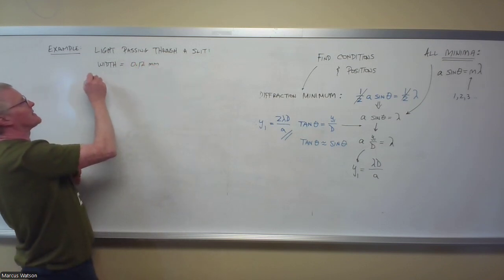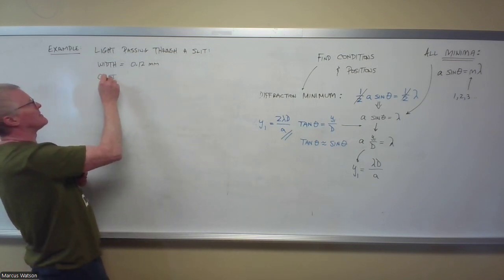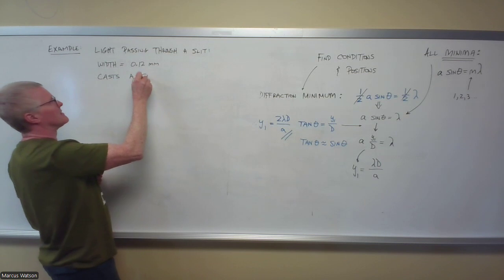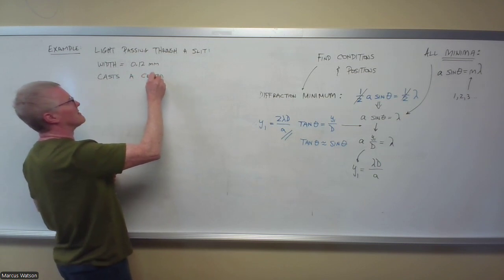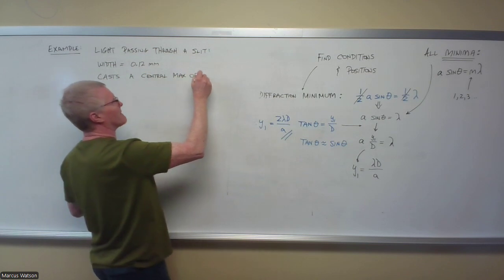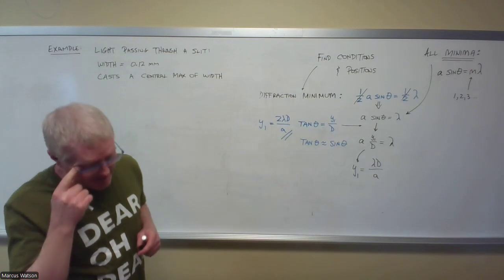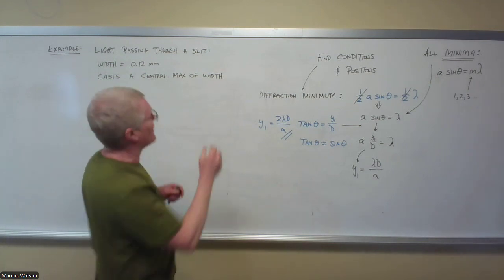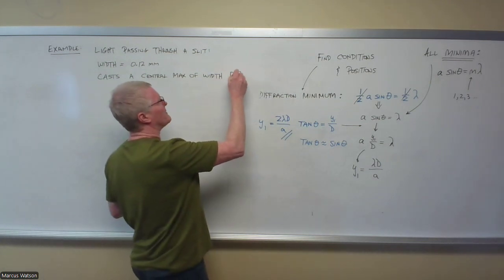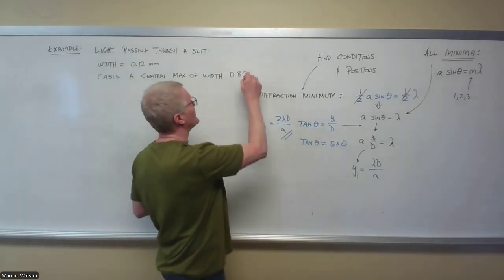Let's suppose that it casts a central maximum on a screen which is about a meter away. Let's say that this is about 0.85 of a millimeter.